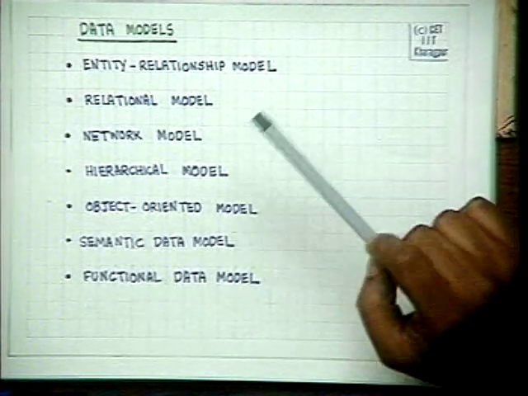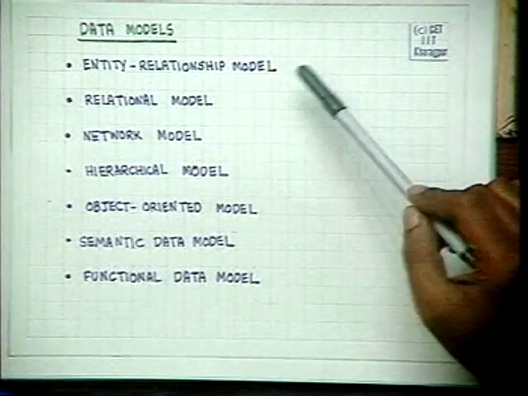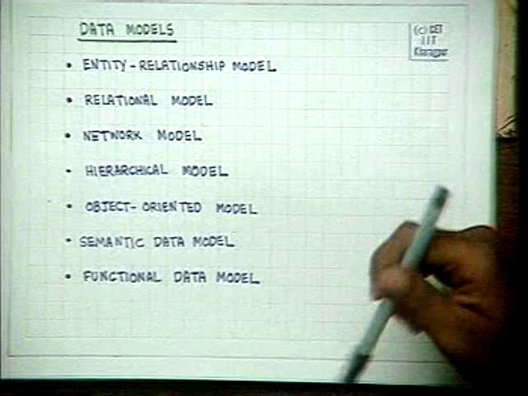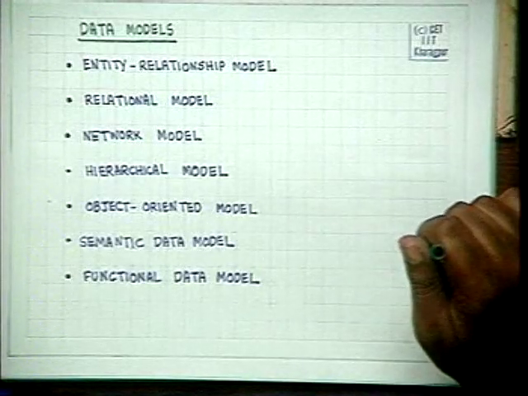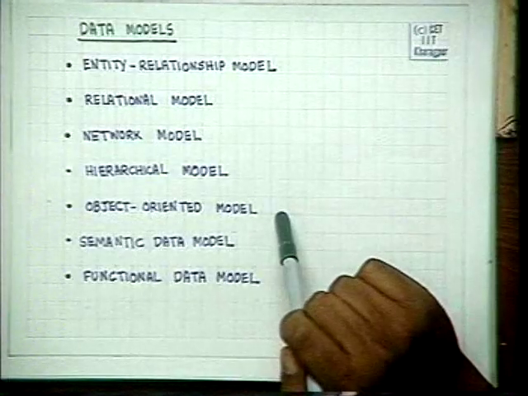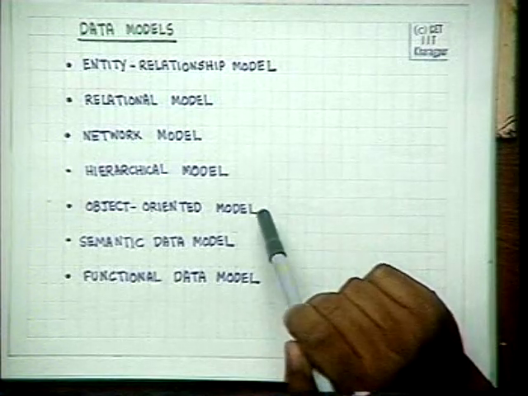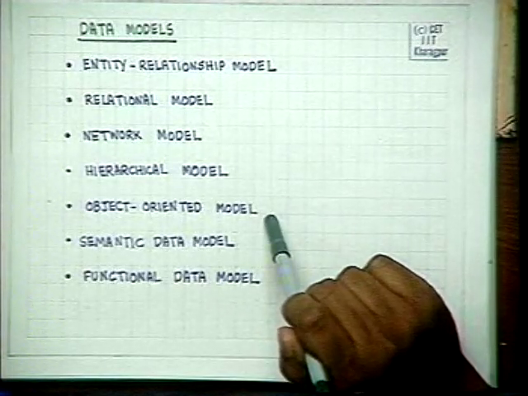That is what an entity relationship model is, and we shall come to ER models, as they are called, again and again, and we shall discuss ER models in detail in this course. Another type of object model is the modern object oriented data model. This is another object model.